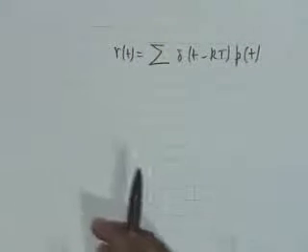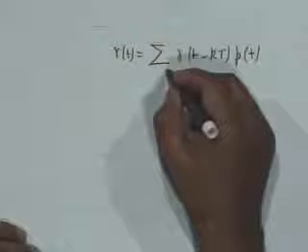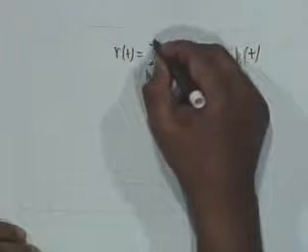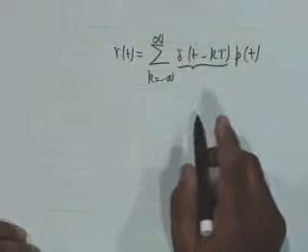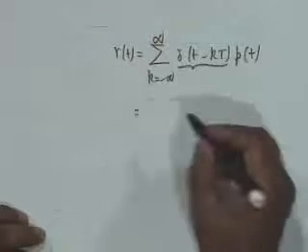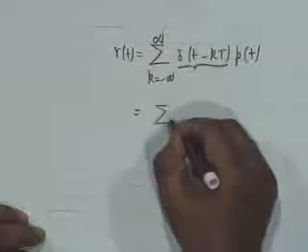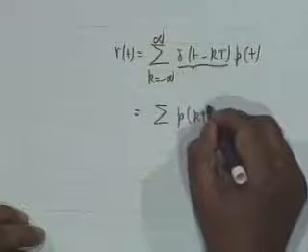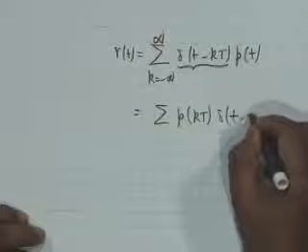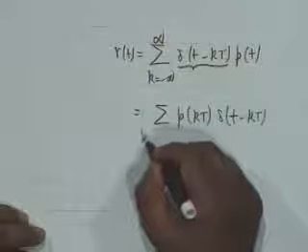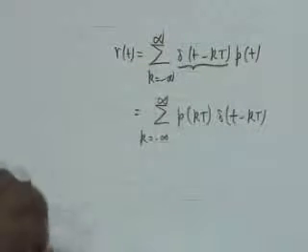What did I assume? I assumed this to be S of t, right, P of t, and therefore, since the delta function exists only at t equal to kT, I can write this as summation P of kT multiplied by delta t minus kT, where k goes from minus infinity to plus infinity. Is that okay?